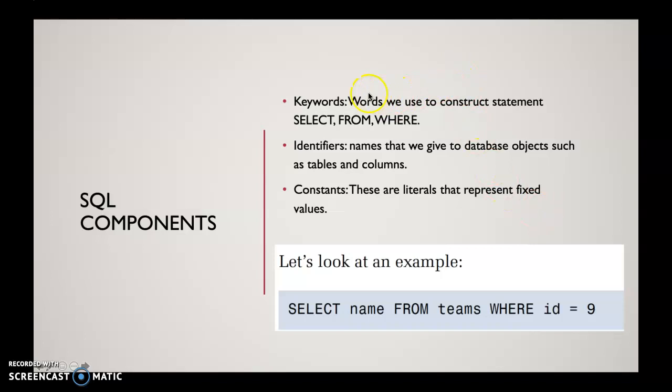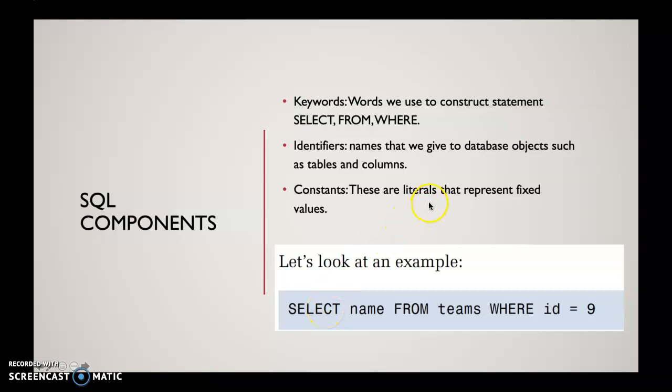So the keyword is what we use to construct a statement. Usually you use select, from, and where. Here's an example. You have select, from, and where. And you use identifiers, like the name we give to that data.